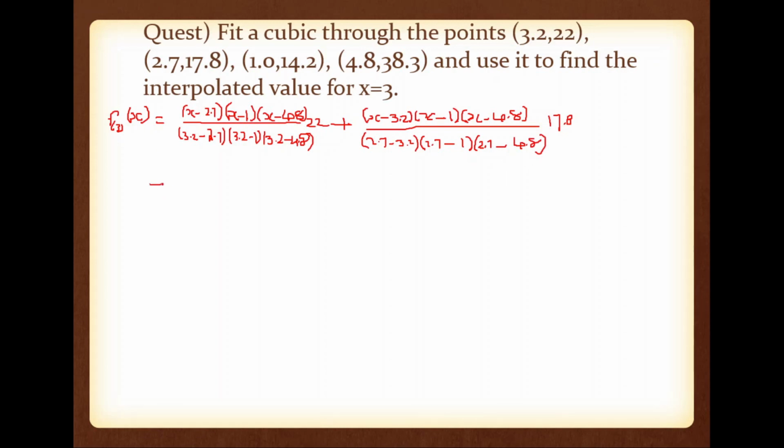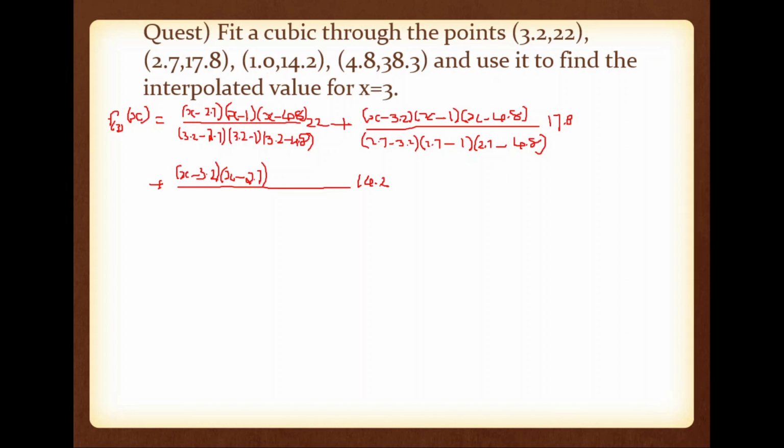So plus, now corresponding to 14.2. What is the x element corresponding to 14.2? 1. So 1 is missing in the numerator. So x minus this 3.2 into x minus this 2.7.